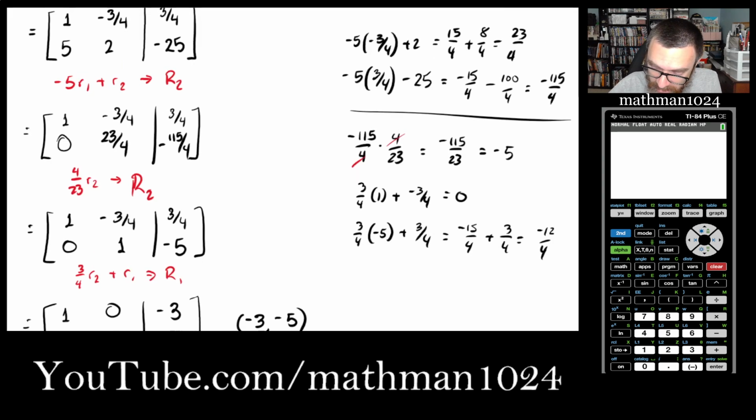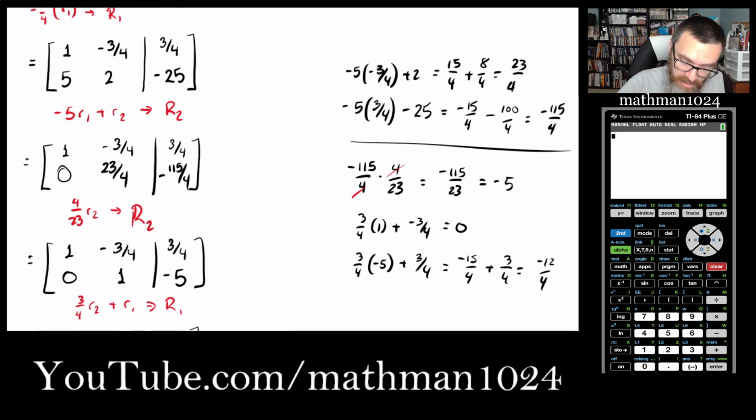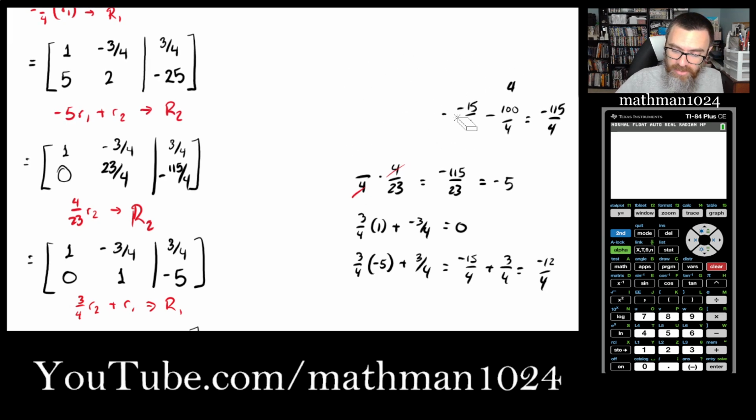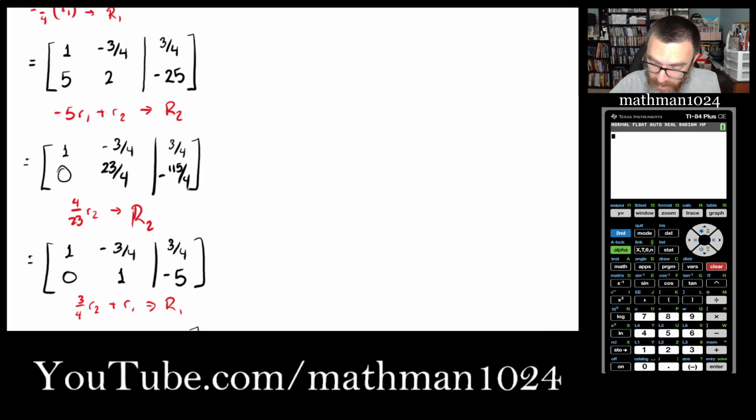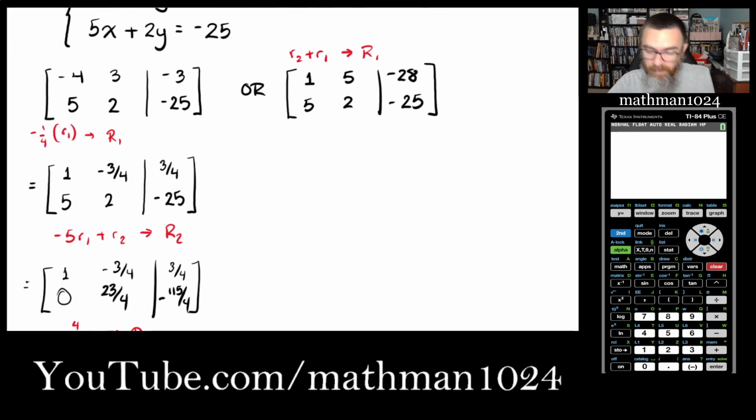But let's see if things are a little bit different when I'm not doing the fractions. Did I find something that worked out more nicely the other way? Let's see. At the end, we better have the same answer, because if we don't, we've made a mistake somewhere. All right.